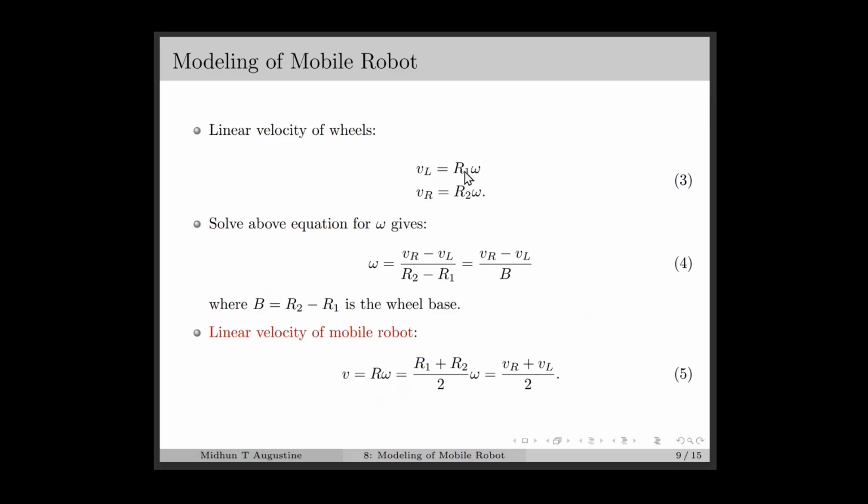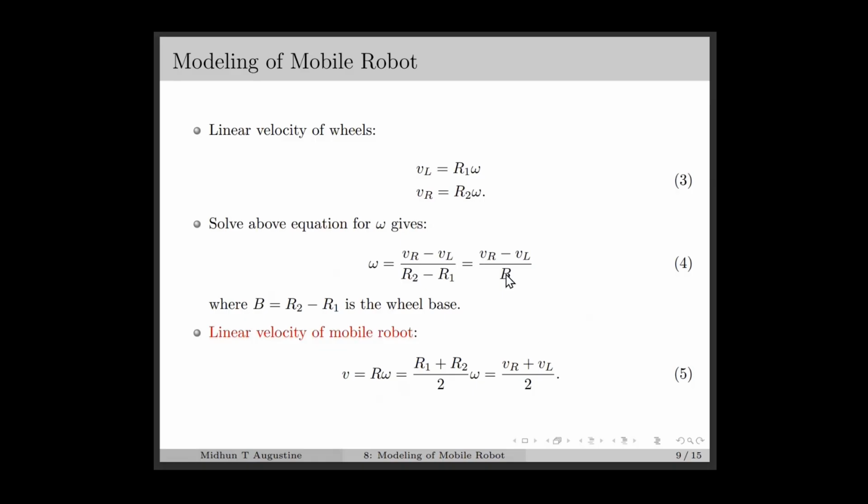Then by subtracting these two equations, we have VR minus VL equal to (r2 minus r1) times omega. Solving this for omega gives omega equal to (VR minus VL) divided by (r2 minus r1). And this r2 minus r1 we can call the wheelbase B. Therefore, omega is equal to (VR minus VL) divided by the wheelbase.